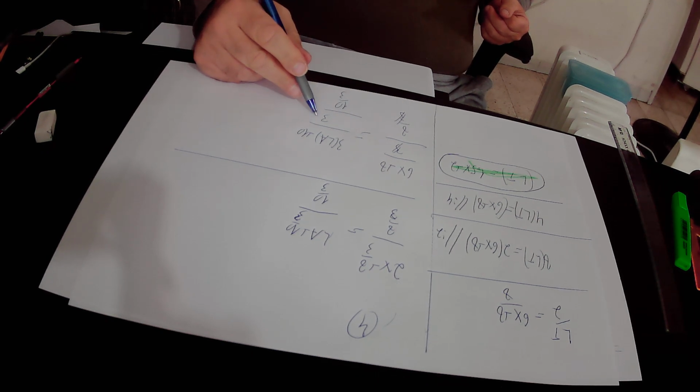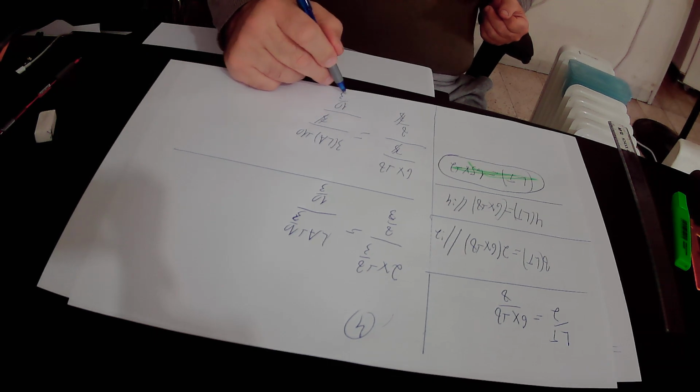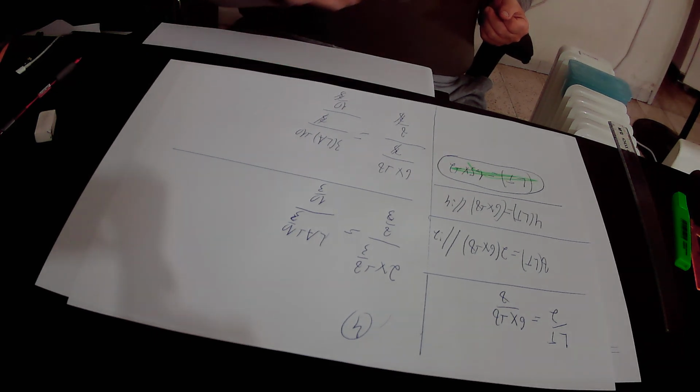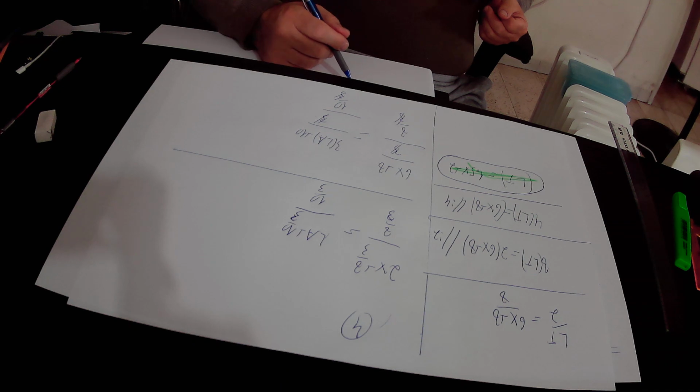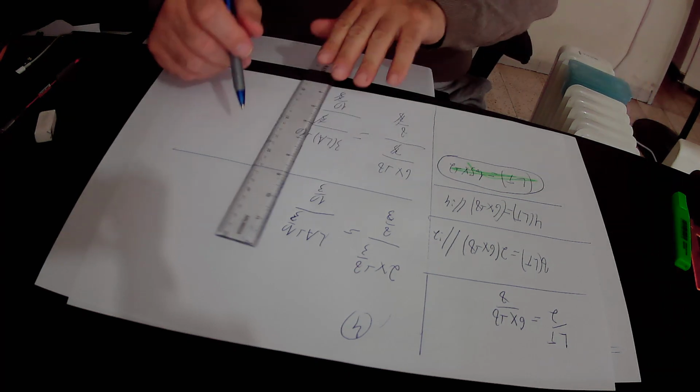Here we have 3 in the numerator and 3 in the denominator, so the 3 will also get cancelled. So what is left from this equation after we cancel 3 on both sides? On this side of the equation we are left only with 6x plus 8 over 8.